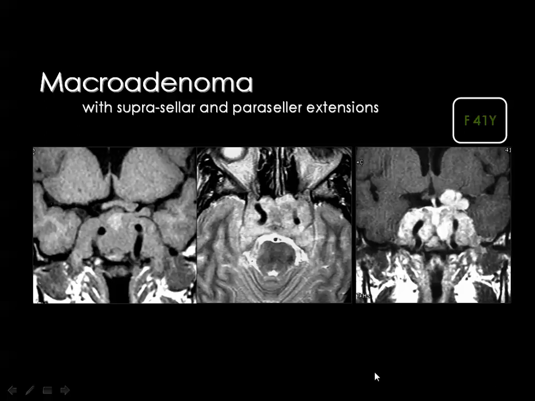The most sure sign of cavernous sinus invasion is the detection of tumor tissue lateral to the internal carotid artery, like in this case. You see, this is the carotid artery. You see a good part of the tumor lateral to the internal carotid artery on both sides, meaning that the cavernous sinuses have been invaded by the pituitary adenoma.